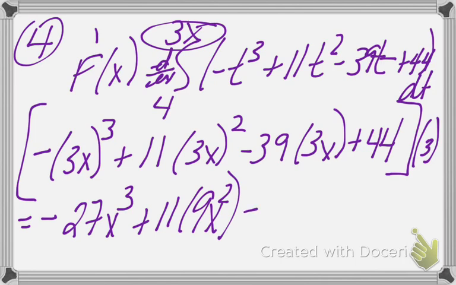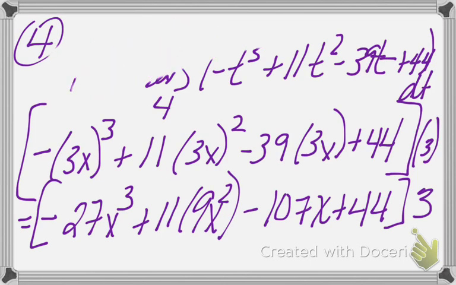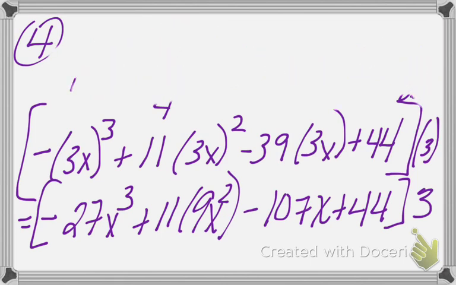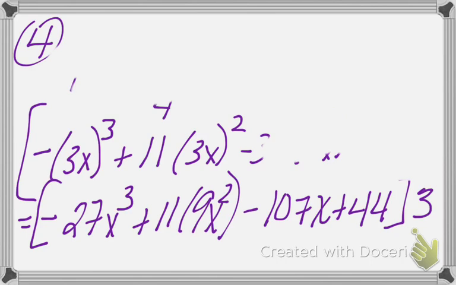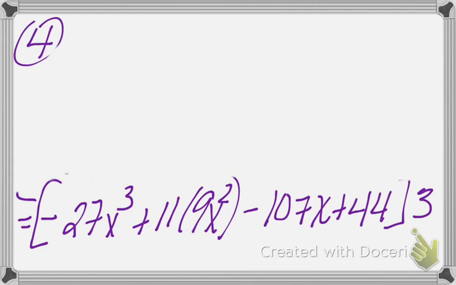Minus 107x plus 44, and this is all still going to be multiplied by 3. I mean, this is just algebra really at this point. But not terribly difficult.